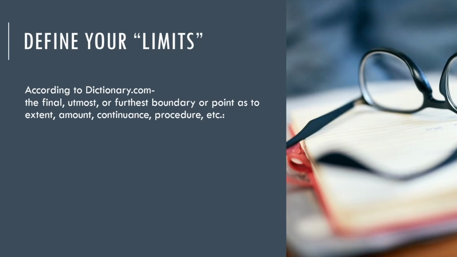And those imposed limits that we have are like speed. Every day we get up, we get in our cars, and you'll see the sign that says 45, and we know we're doing 60. We're breaking that limit.